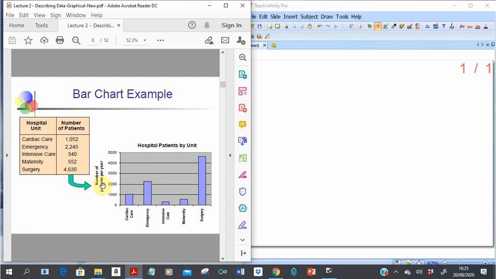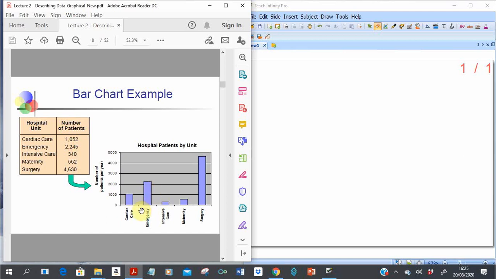What you see there, we have a scale in the vertical from 0 to 5,000. Of course, you take consideration of your frequency, what numbers are within your frequency. So here we have from 0 to 5,000, and in the horizontal axis, we have the different categories: the cardiac care, emergency, intensive care, maternity, and surgery. Each bar will represent the frequency.